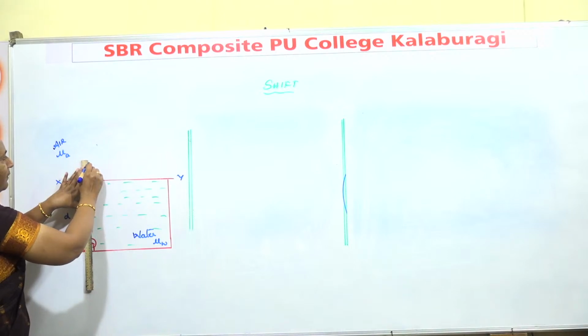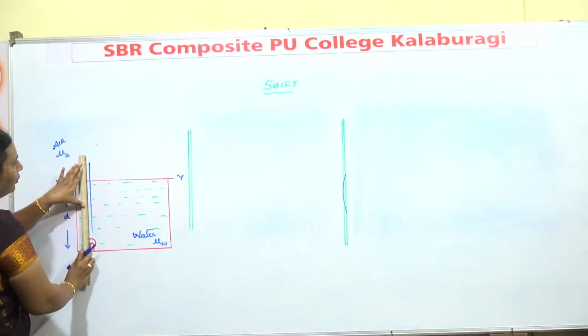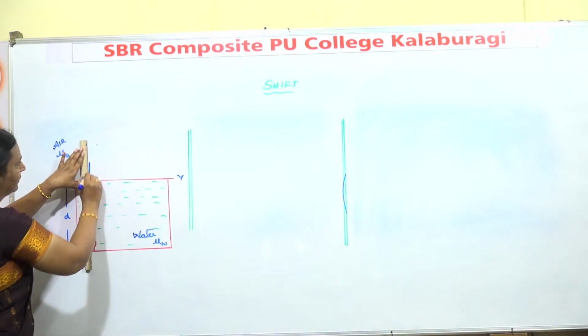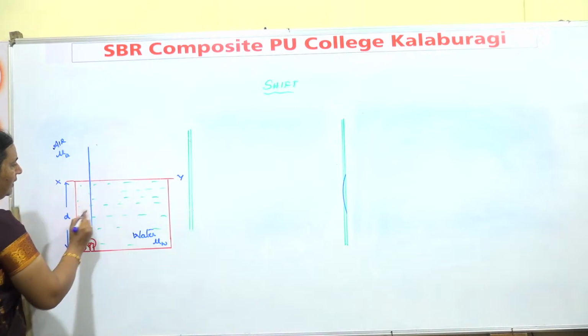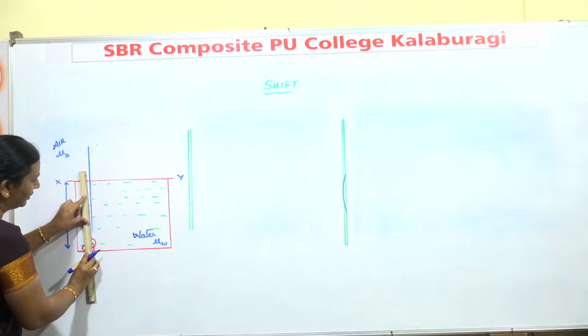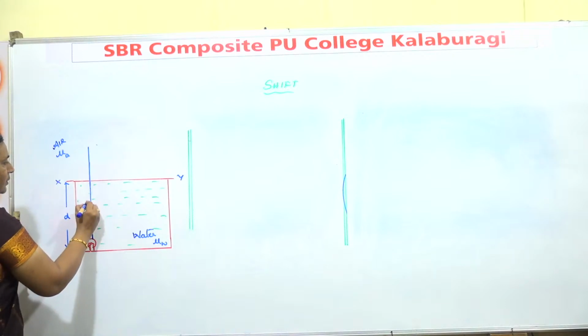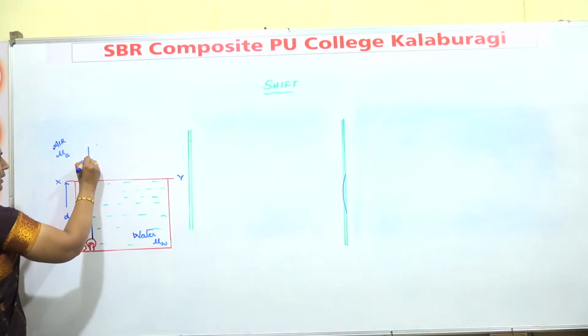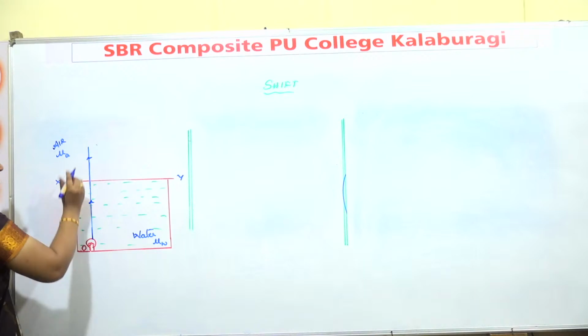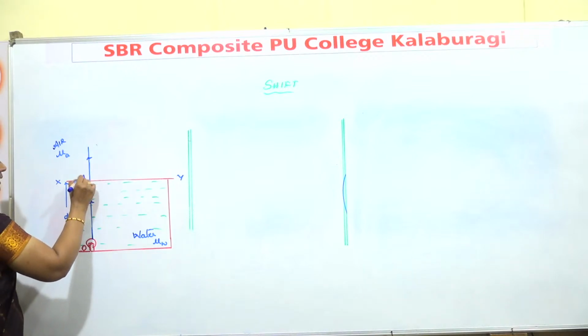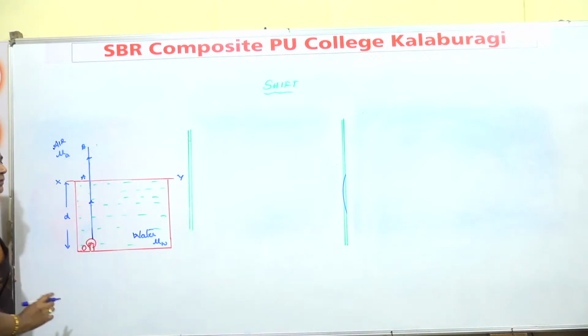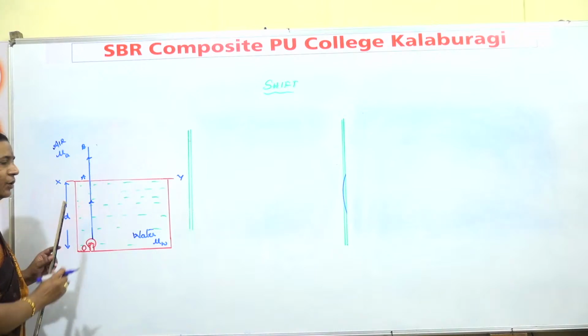So suppose if I take a ray here, it goes what? Undeviated. It goes undeviated along A.